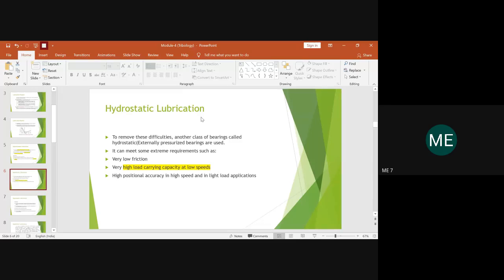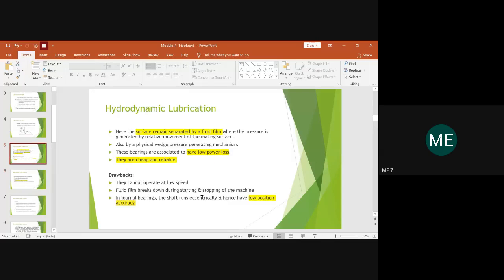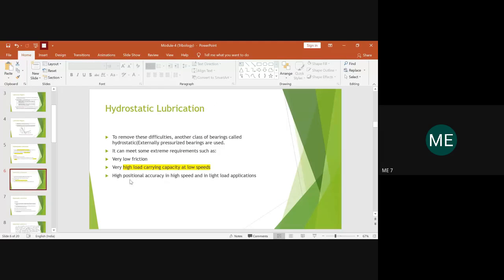This is a very good plus point of hydrostatic lubrication. And lastly, low position accuracy was associated with hydrodynamic bearings because the shaft runs eccentrically, whereas here it has high positional accuracy. That was the other important plus point.